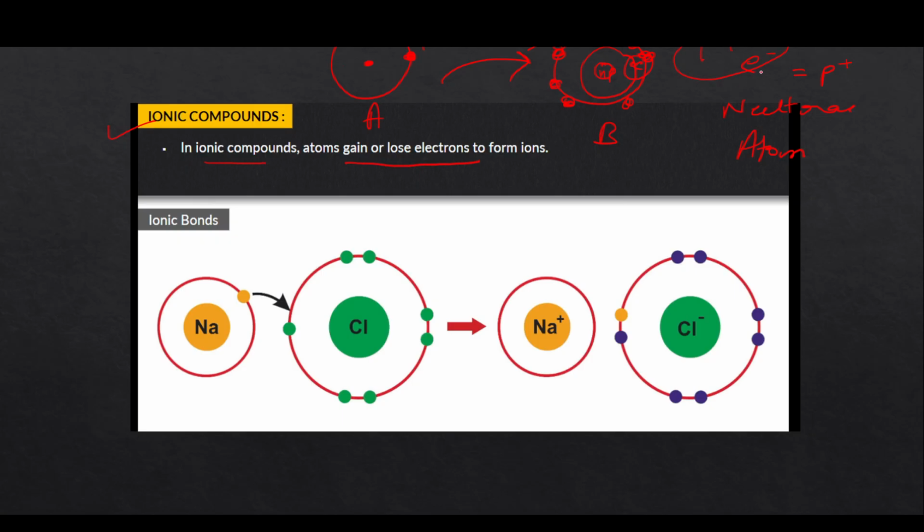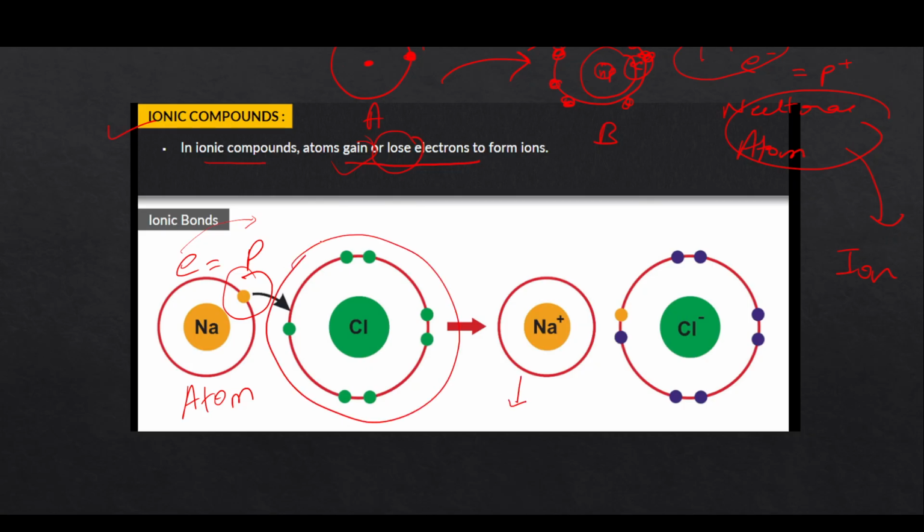Now we have more electrons than protons, right? More negative charge. So as an atom gains or loses electrons, it converts from a neutral atom to an ion. Okay. If this is an atom, like here this is a sodium atom, but if it loses its electron, because electrons are equal to protons, but if it loses electrons, because it is losing negative charge, it will become a positive ion.